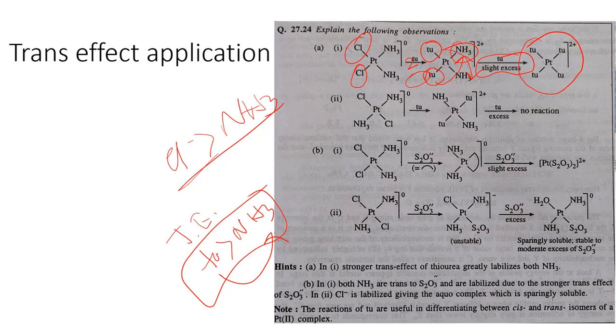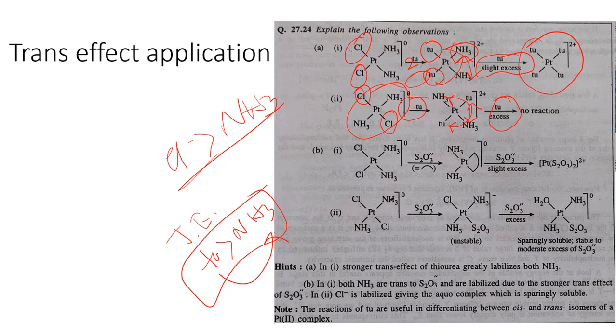Whereas in the case of the trans isomer, when one or two thioureas are added, they would occupy these two chlorine positions, because of not the trans effect but either bond strength or the reaction condition. But when excess thiourea is used, in the trans position both are thioureas, whereas in this case in the trans position both are ammonia.